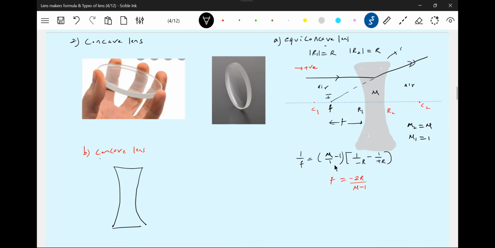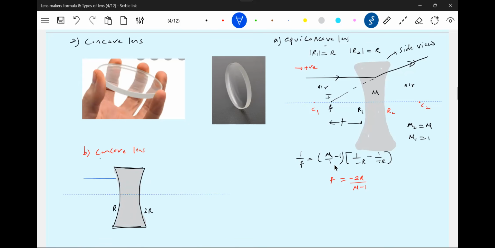Okay, the radii of this, let it be R, let it be 2R.